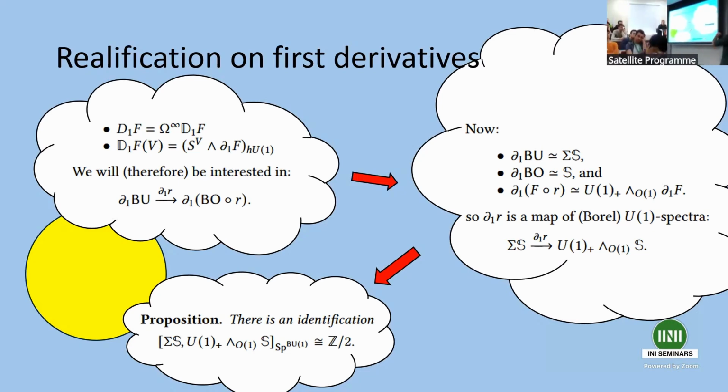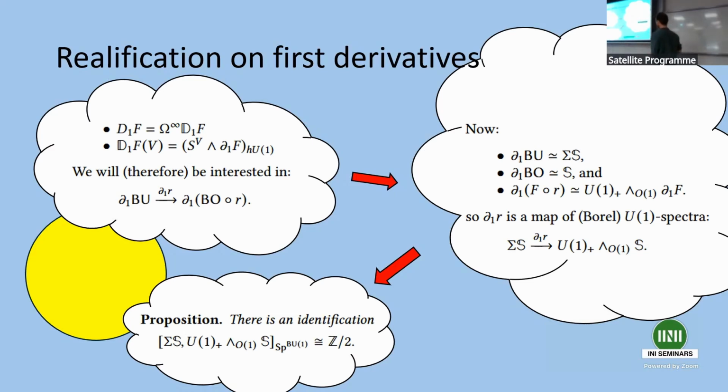Okay, so we were asking about not BO, but BO composed with R to make it into a complex thing. But there's also a formal formula that tells you what happens when you take the first derivative spectrum of a complex functor that's obtained by taking a real one and composing with realification. And it says, this is as equivariant as I'm going to get, you take the spectrum you had and you induce it up from O1, which is the real thing, to U1, which is the complex thing.